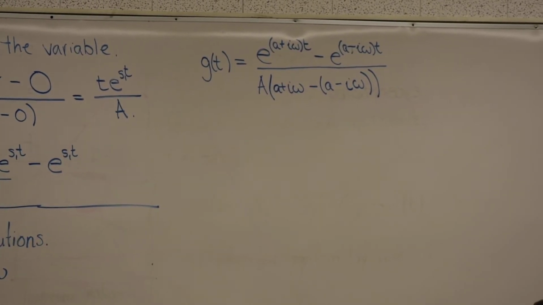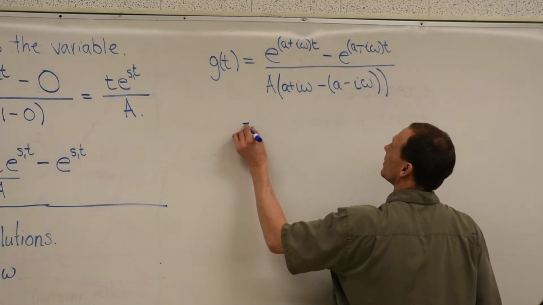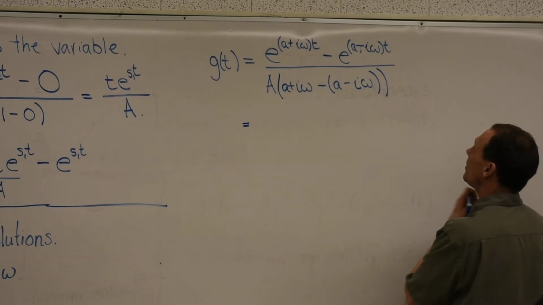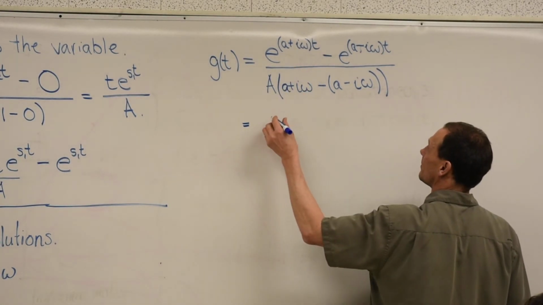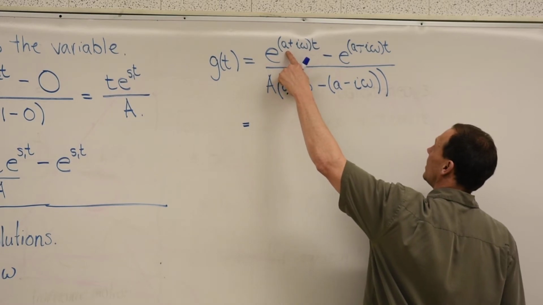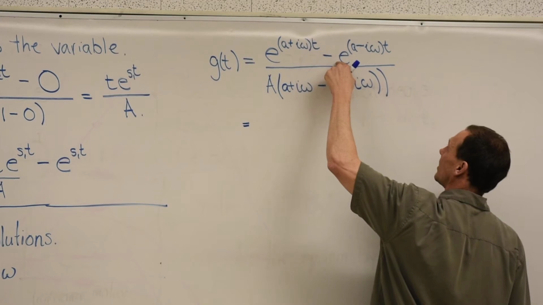Let's clean this up. I'm going to do a few things as we go through this. Notice that I have a common factor of e to the a in the first term and an e to the a in the second term as well.